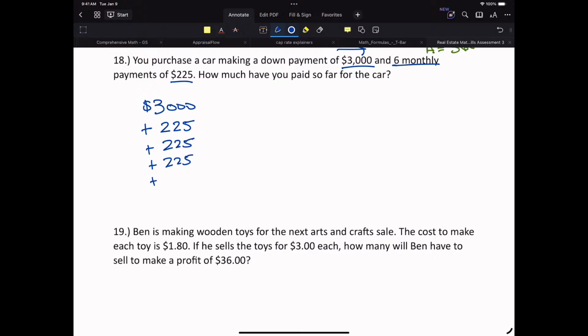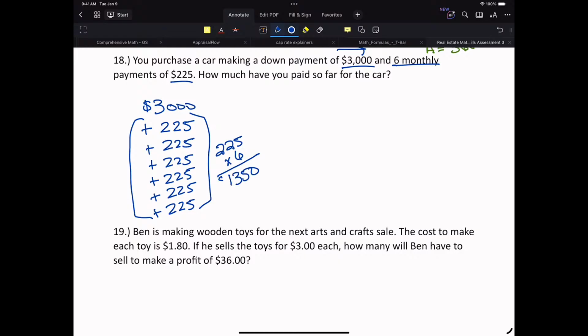So this is really 1, 2, 3, 4, 5, which is the same as going 225 times 6, which is 1350. So you've made $1350 in payments, plus you had the original $3,000 down payment, so that would have been $4,350.